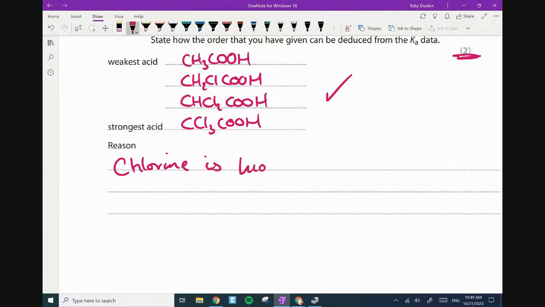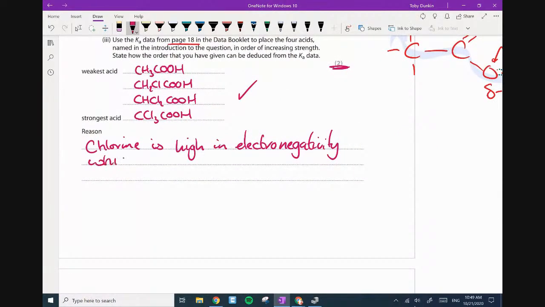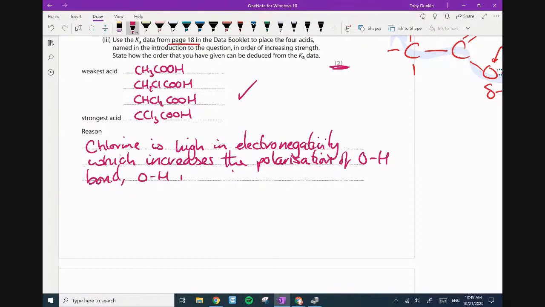Chlorine is high in electronegativity, which increases the polarization of the OH bond, which means the OH bond is weaker, so more dissociation.